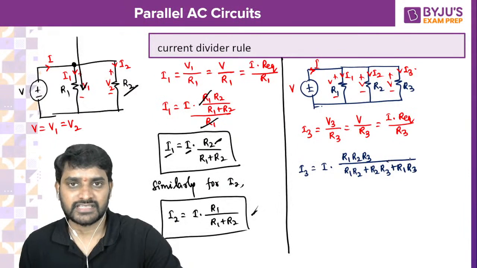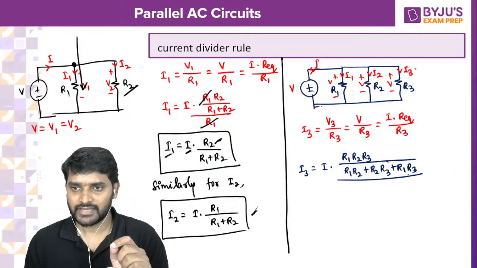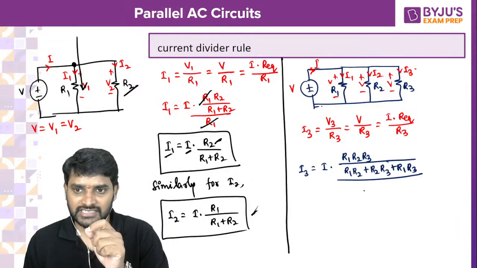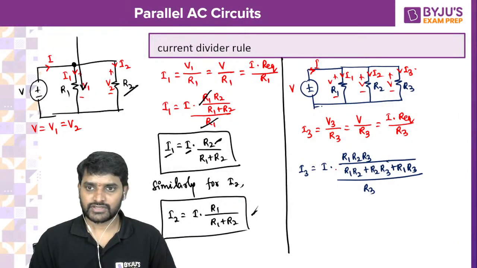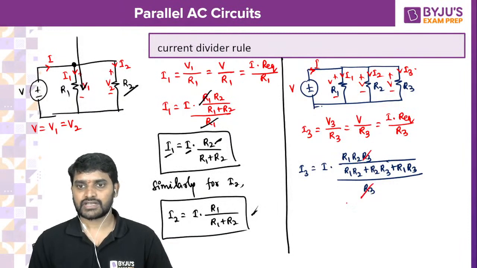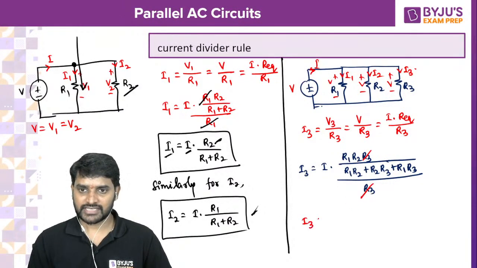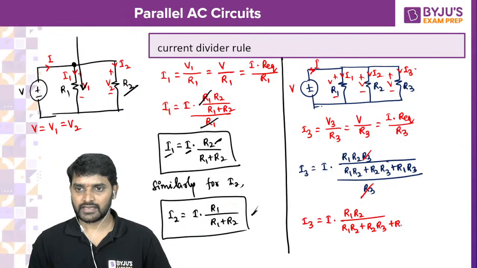Yes or no? This is the formula or not? Divided by what is left out? R3. So you can now cancel out this R3. Then you get I3 equals total current into R1 R2 divided by R1 R2 plus R2 R3 plus R1 R3.